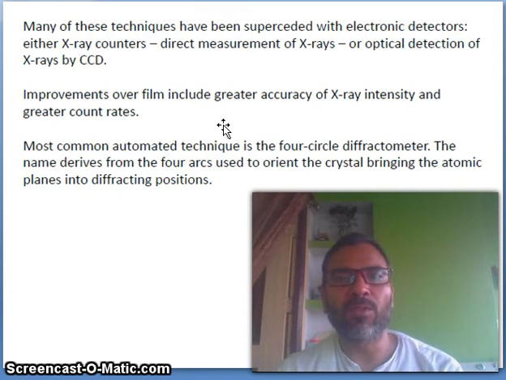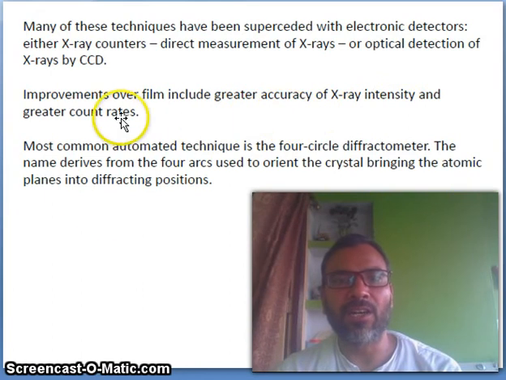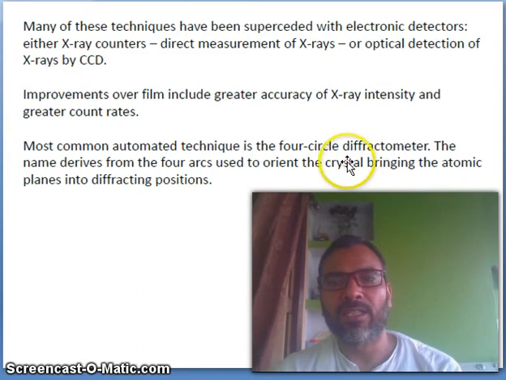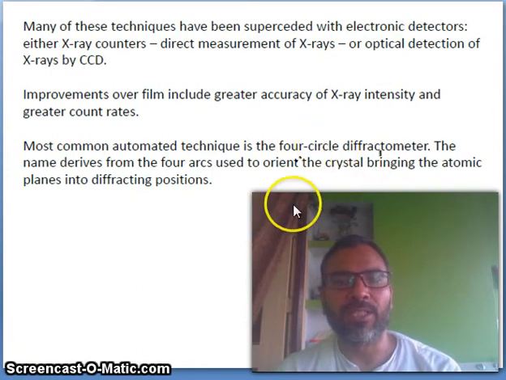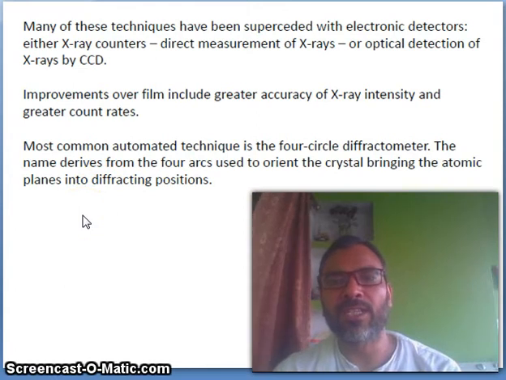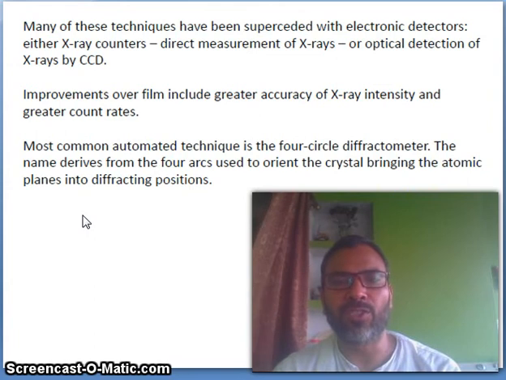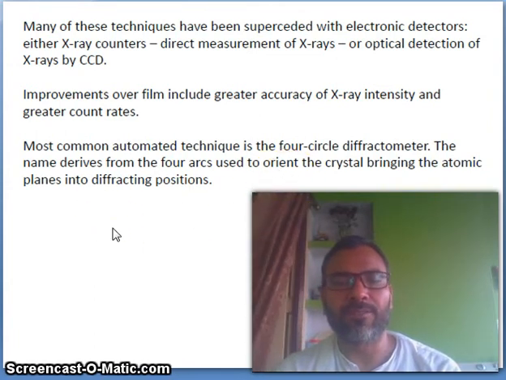Improvements over film include greater accuracy of X-ray intensity and greater count rates. The most common automated technique is the four-circle diffractometer. The name is derived from the four arcs used to orient the crystal, bringing the atomic planes into diffracting positions.